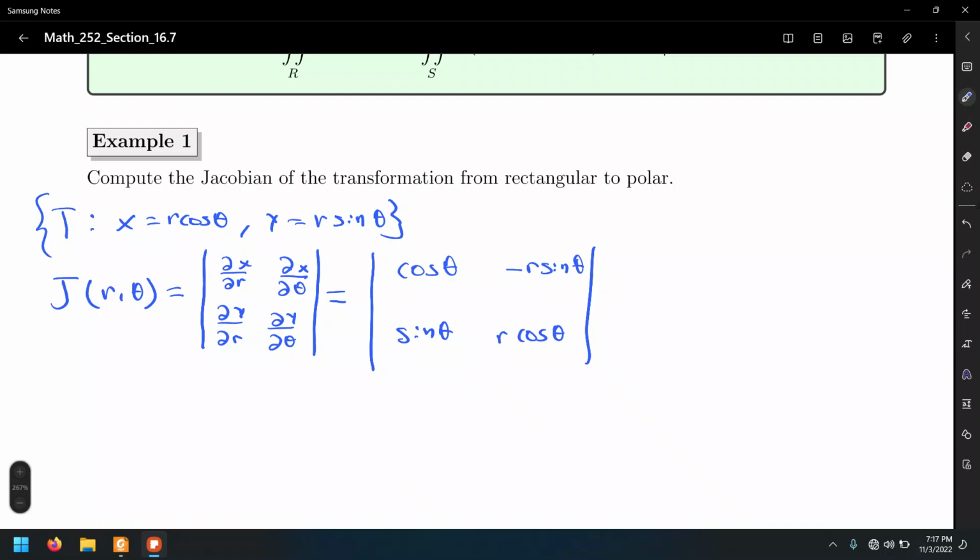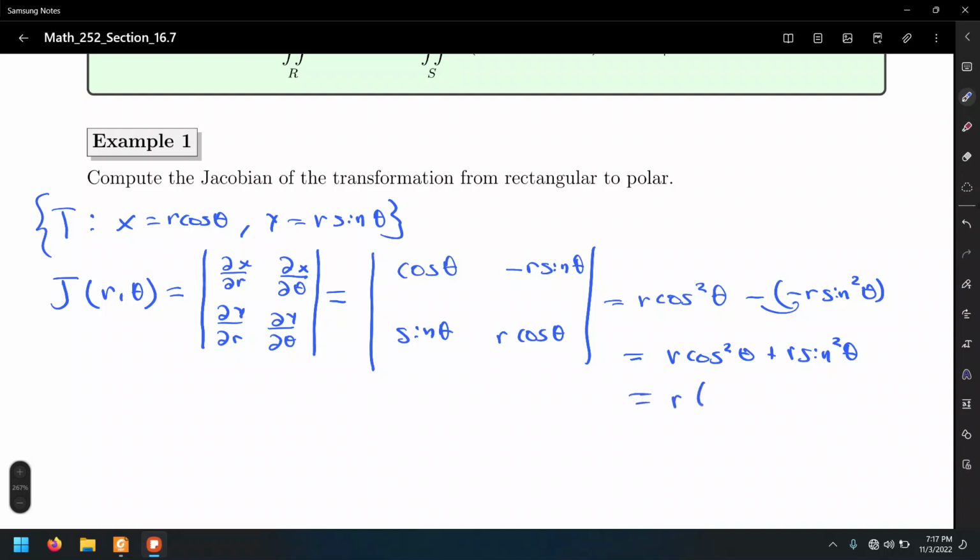So let's evaluate this 2 by 2 determinant by multiplying the elements along the main diagonal and subtracting the product on the secondary diagonal. This will be cosine times r cosine, which is r cosine squared theta, minus negative r sine times sine, which is r sine squared theta. That turns into a positive: r cosine squared theta plus r sine squared theta.